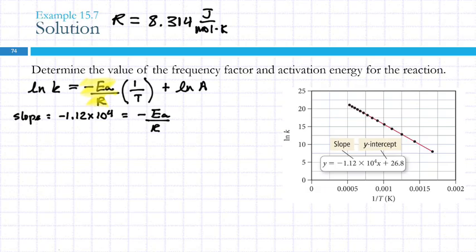This is one where it's probably easier to rearrange the equation first. So I'd multiply both sides by R. The R's cancel out. Now I have negative Ea is equal to this other thing. So I'd multiply both sides by negative 1.